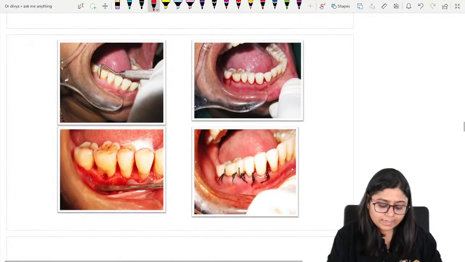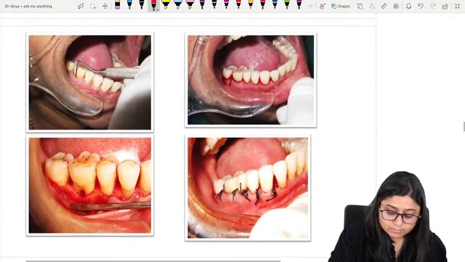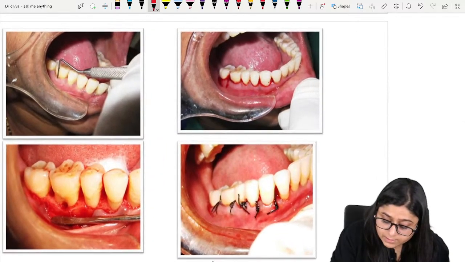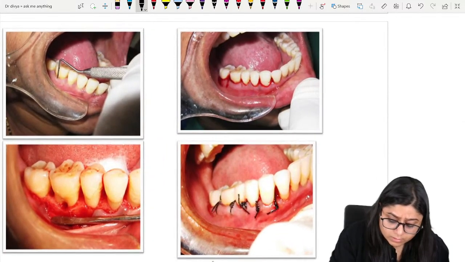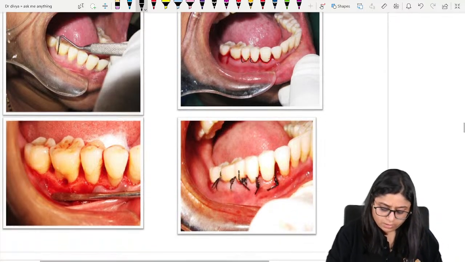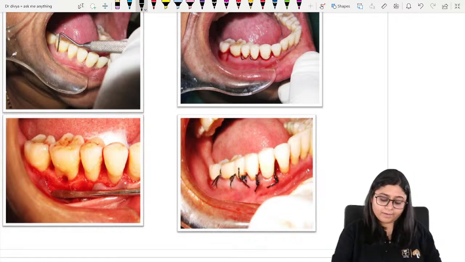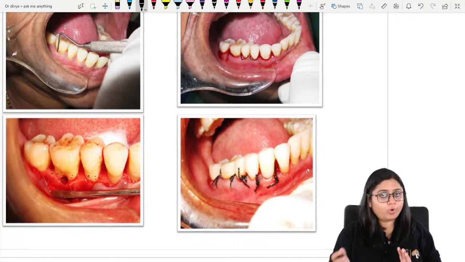So here you can see that after measuring a pocket, the crevicular incision is given in this region. The flap is elevated. We can visualize the bone, whatever calculus and defect. Here you can see that there is grade 2 furcation involvement. We can visualize it. We can do odontoplasty, osteoplasty according to our diagnosis.